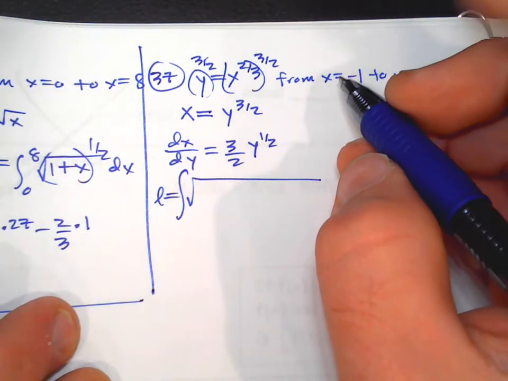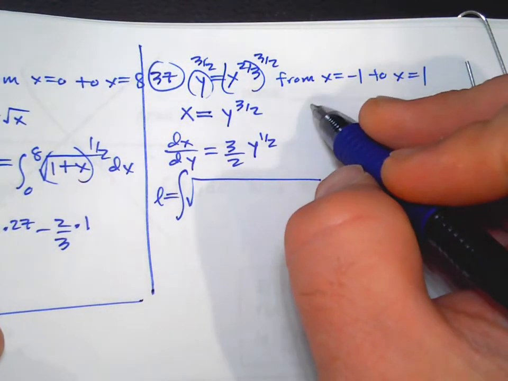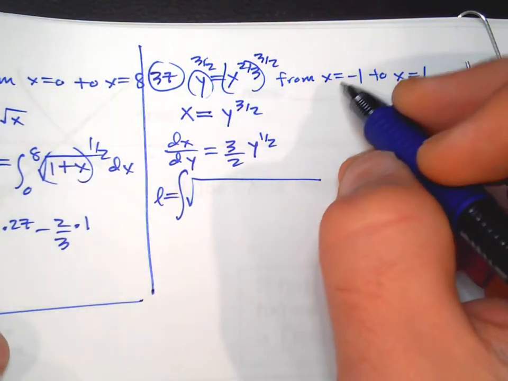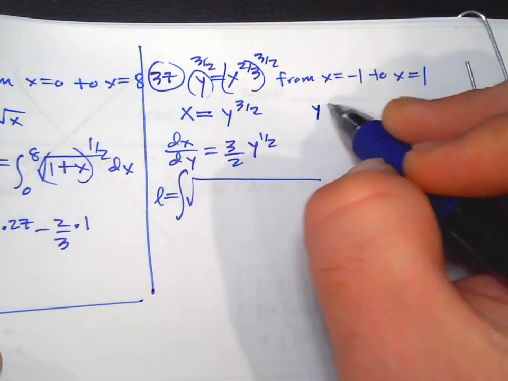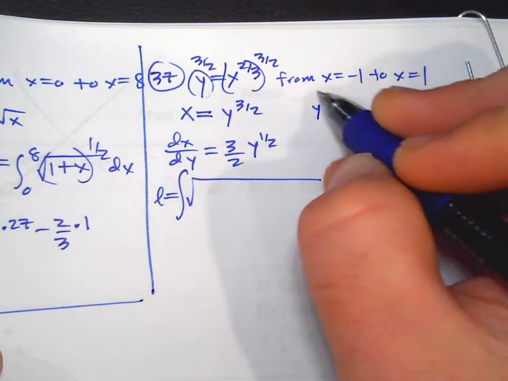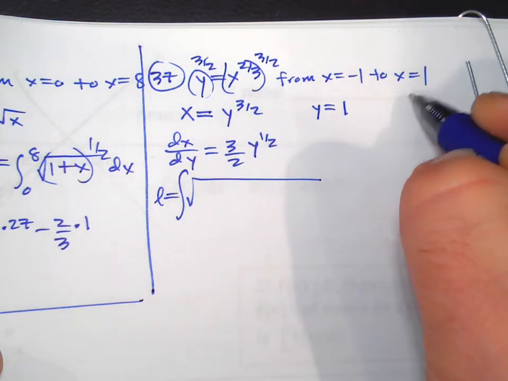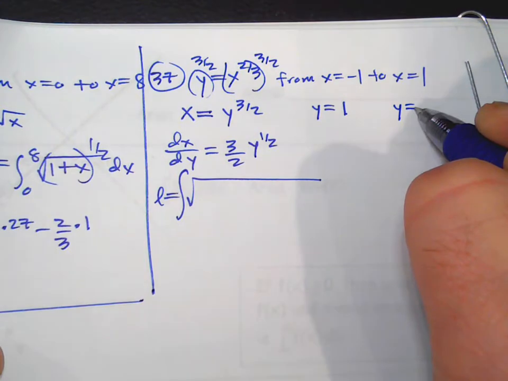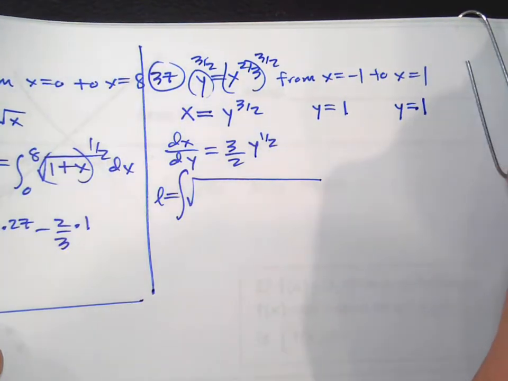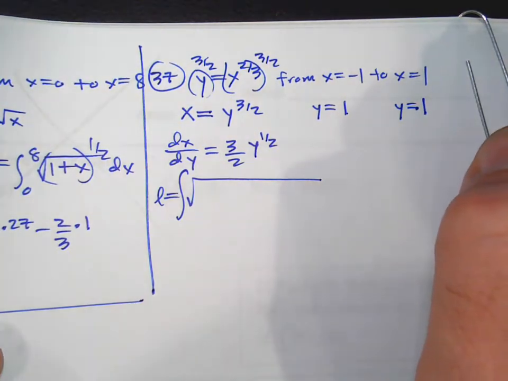So if x equals -1, y equals +1. And when x equals +1, y equals +1. So this is kind of interesting.